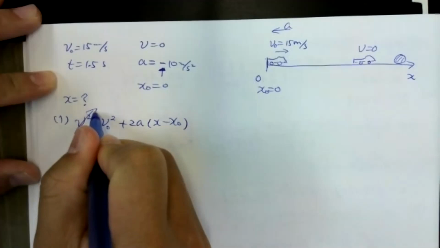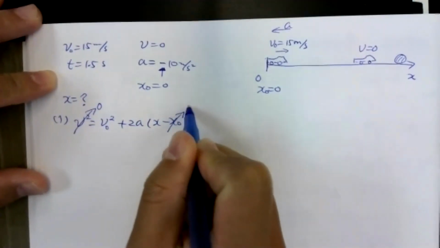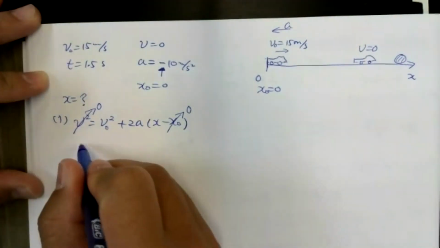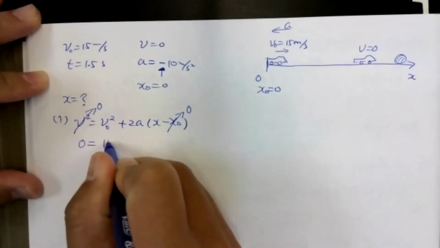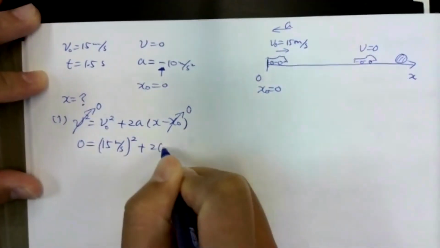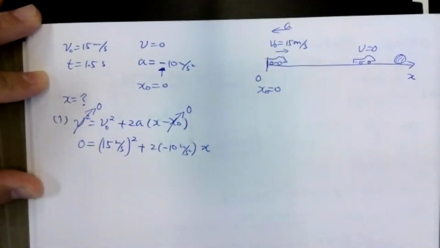So my final v this time is 0. My initial is not, okay? My initial position is 0, okay? So then you can say 0 equals 15 meters per second squared, plus 2 times negative 10, times x, okay? Then you can solve for your x.